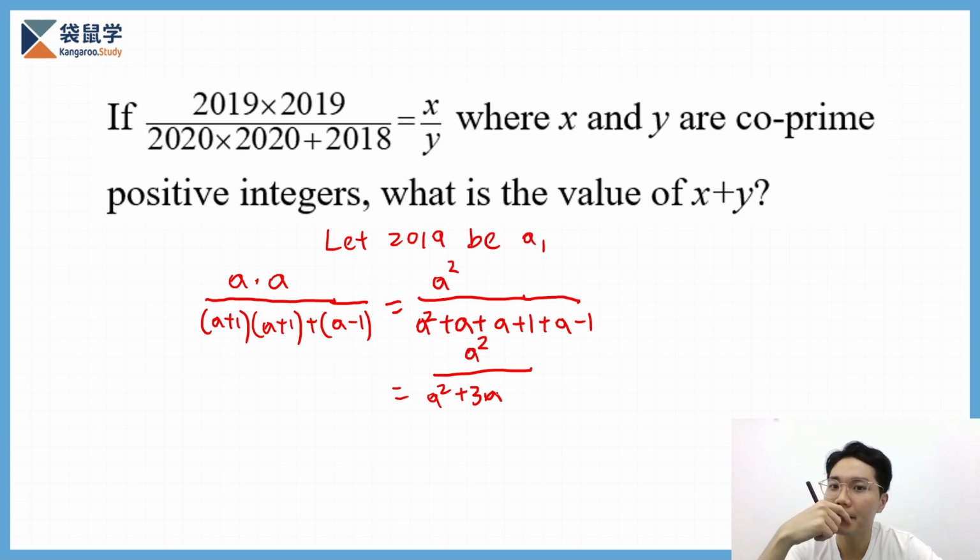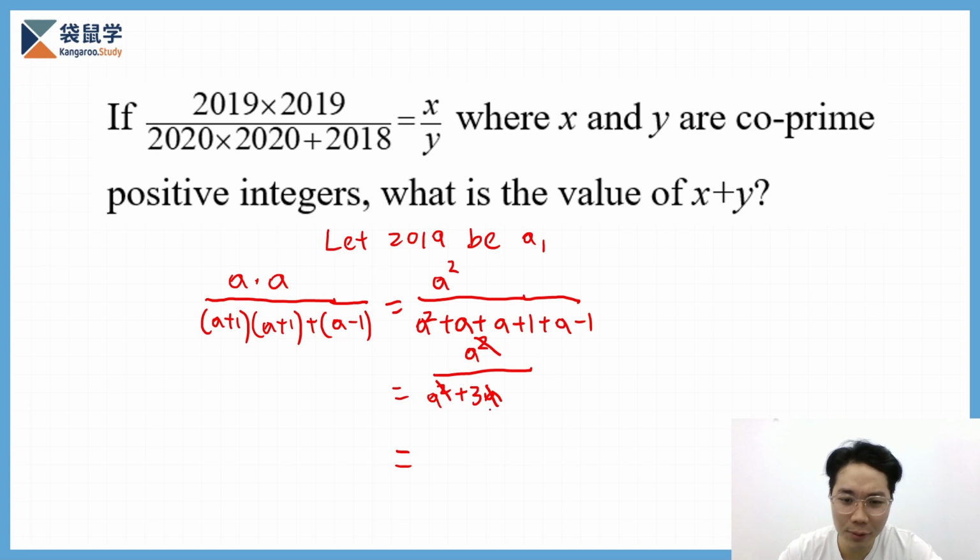Oh, and here, usually we can simplify the fraction, but it might be a bit tricky if it's your first time. Is there anything here in common that we can simplify? Oh, you realize there's an a in every single one of them, right? So we can remove an a. This one, a squared, remove an a, it just becomes a. Similarly, the denominator, a squared plus 3a, removing a gives simply a plus 3.